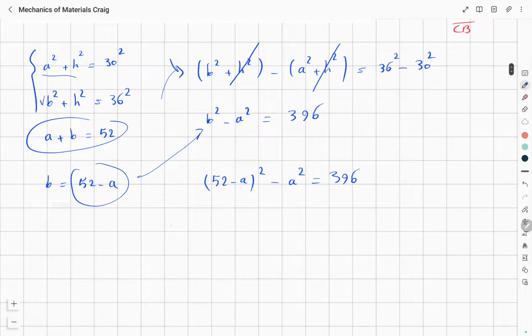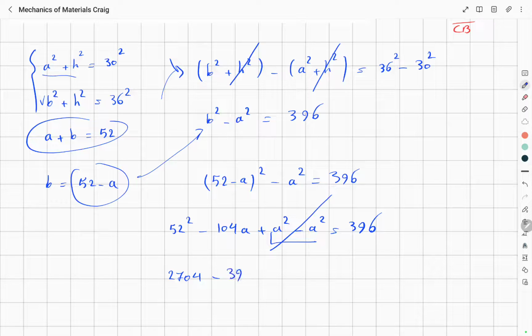So 52 to the power of 2 minus 104A plus A squared minus A squared is equal to 396. So we can remove this part. 2704 minus 396 is equal to 104A.